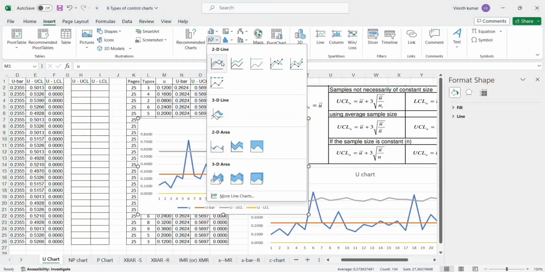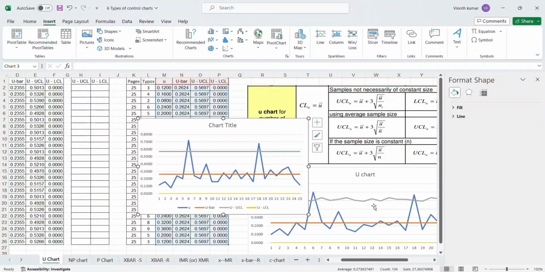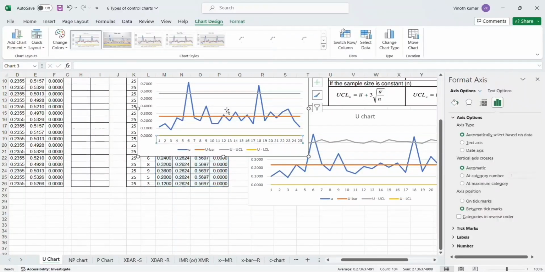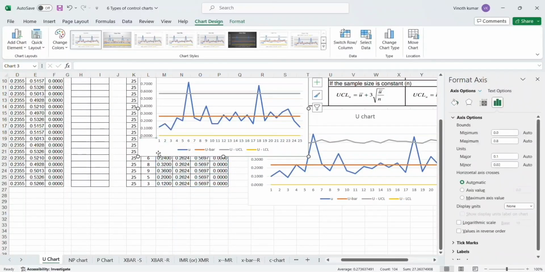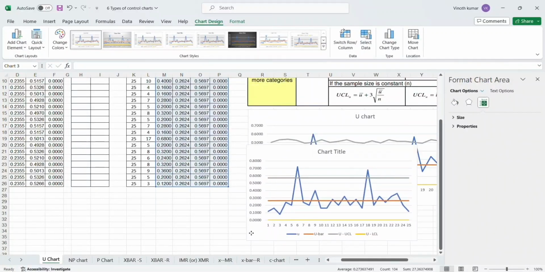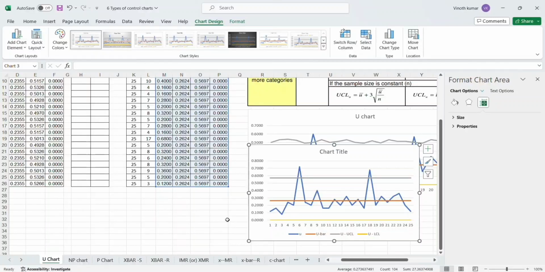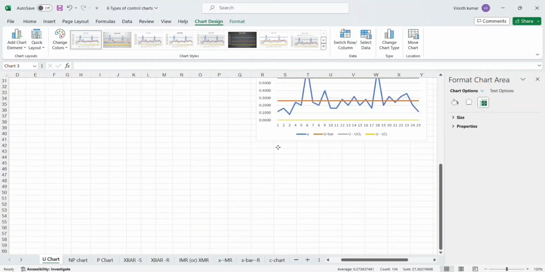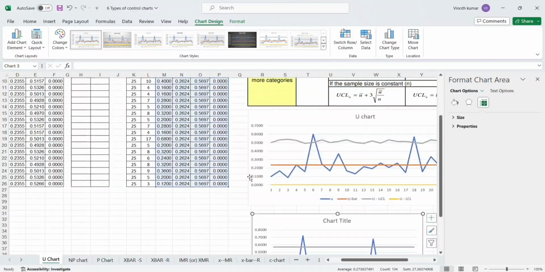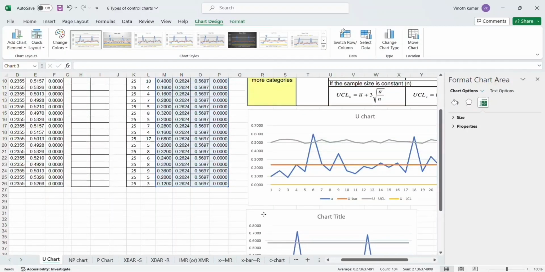The chart is drawn, and it is the same u chart, which is defects per unit. The y-axis shows defects per unit, and there are certain stages where the defects per page are spiking up. It is very high. Those are the areas where we need to investigate.